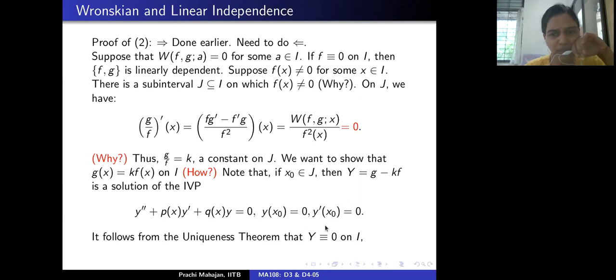Where does it have a unique solution? On the interval I, wherever the coefficients p and q are continuous.